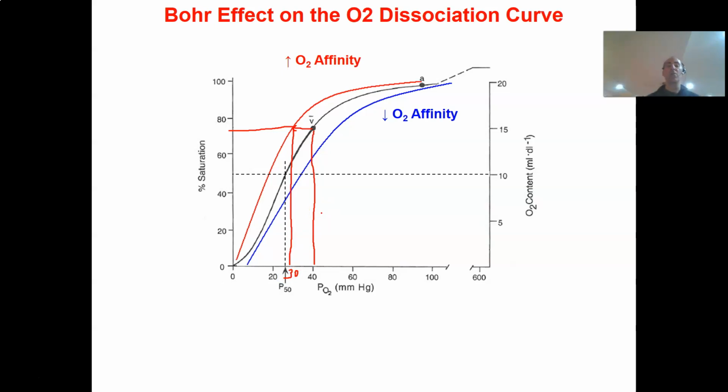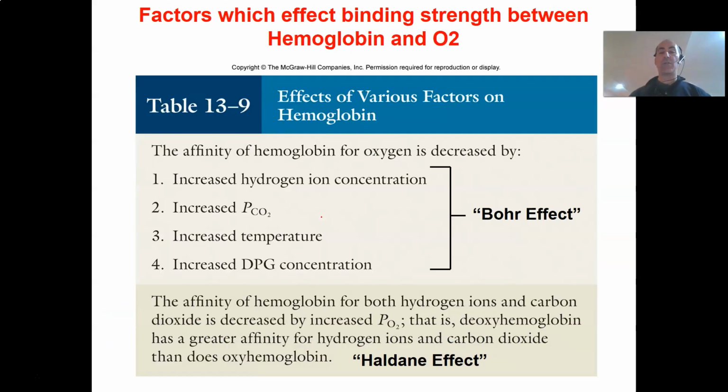So the hemoglobin in the leftward shift is holding on to the oxygen more tightly. It's less likely to give it up. And so that would be the reverse. So all of these would be reversed.